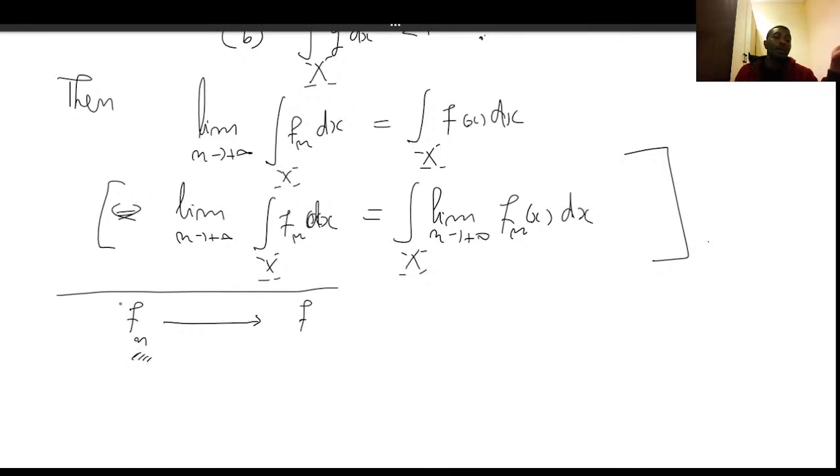For example, if they are bounded on a bounded set, we know that we can always dominate those functions by a constant, and therefore we can interchange the limit.